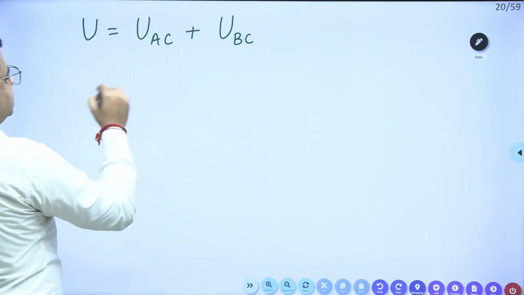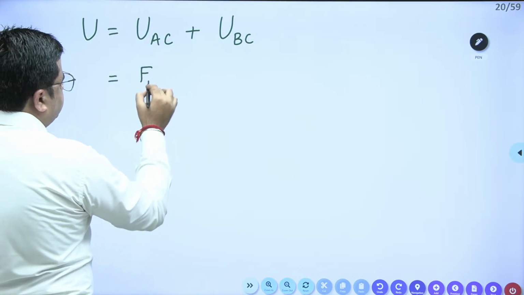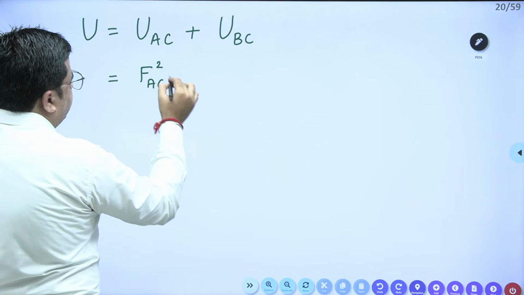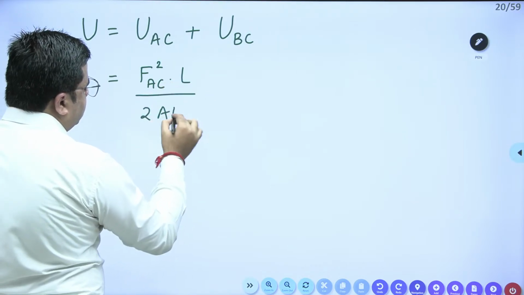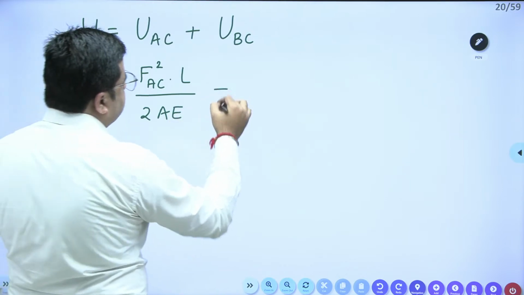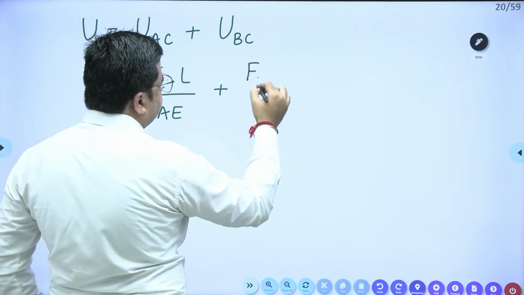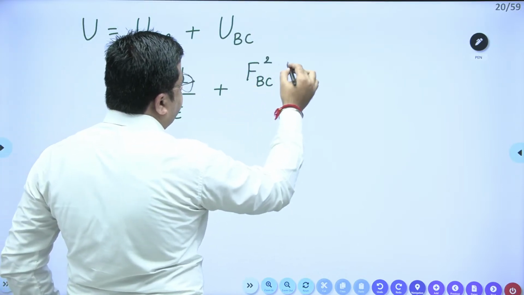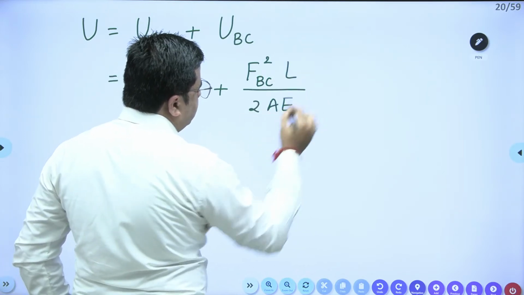So the strain energy stored in member AC is equal to FAC square into L upon 2AE, plus for UBC it is FBC square L upon 2AE, right?